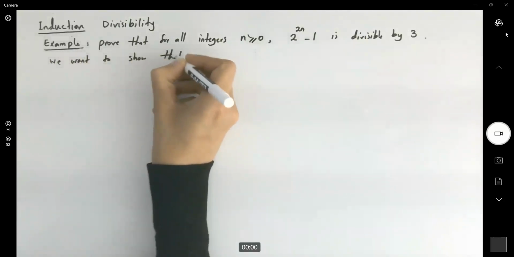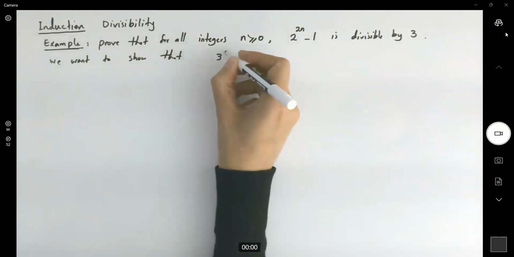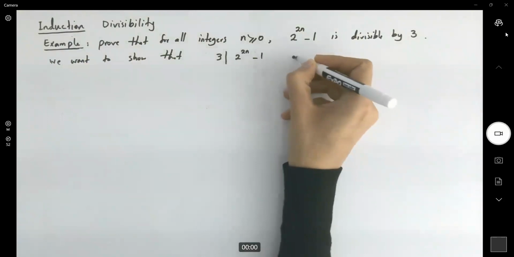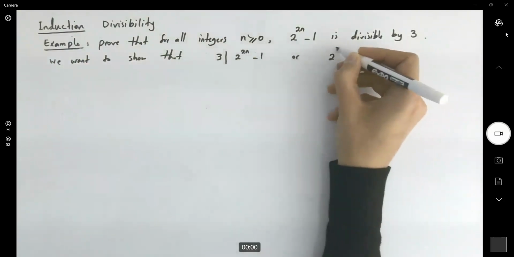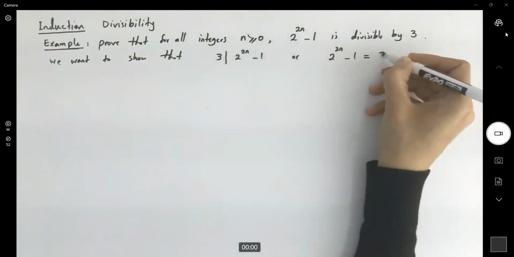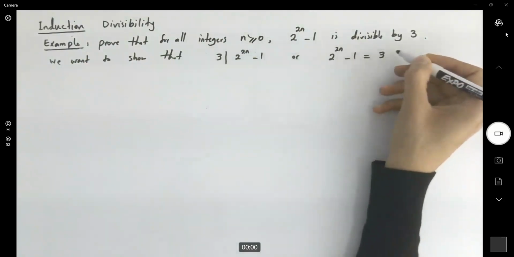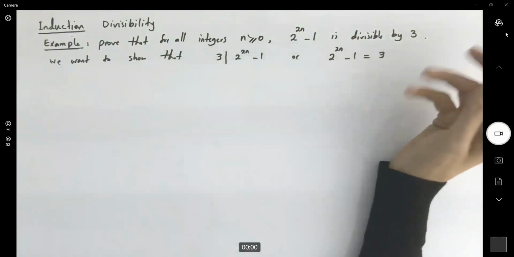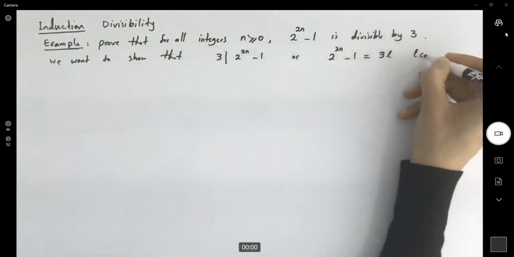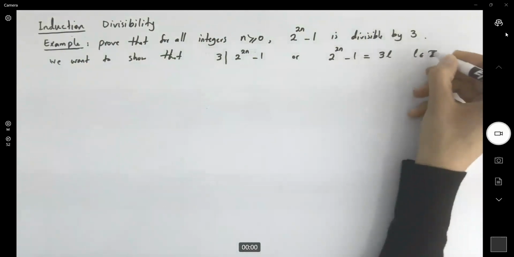Show that 3 divides 2 to 2n minus 1, or that 2 to 2n minus 1 can be written as 3 times any other integer like L, T, anything that you feel comfortable working with. The letters are not important.